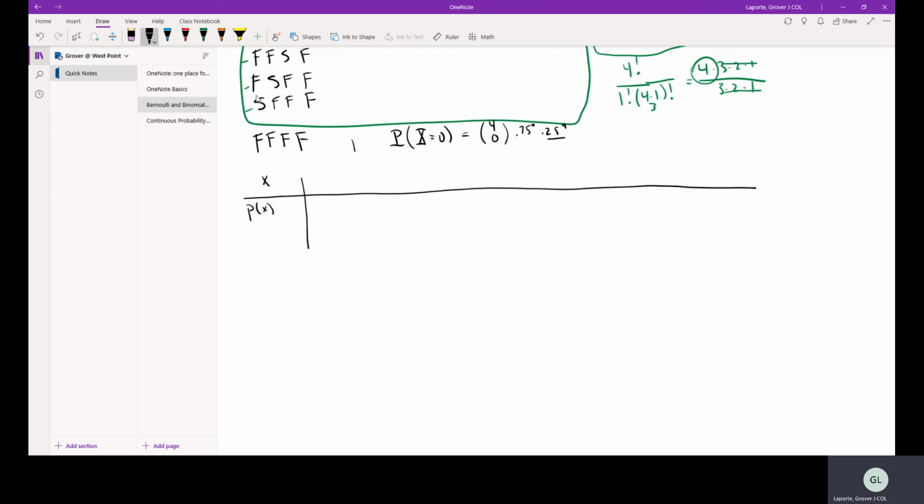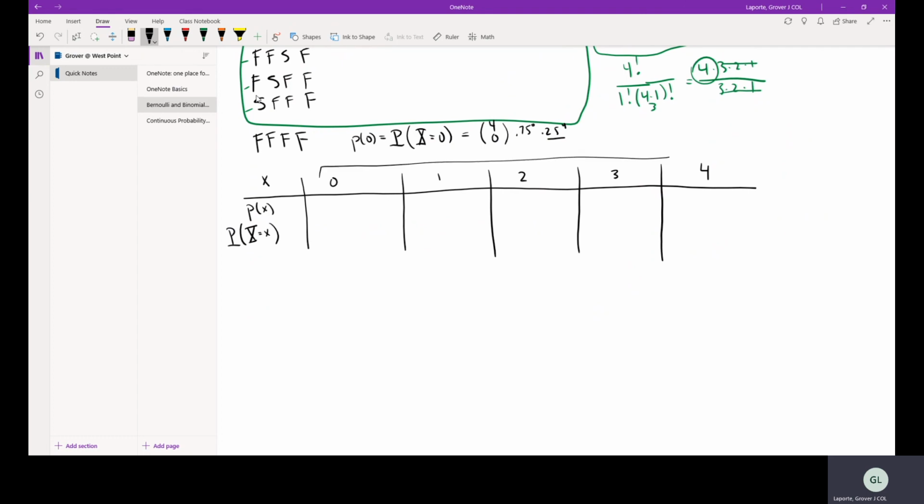So in other words, this would be P of 0. And this would be my probability statement: the random variable X is equal to my small x. And this would be 0, 1, 2, 3, 4. And the support for the distribution is here.